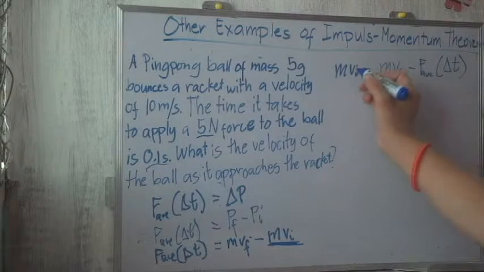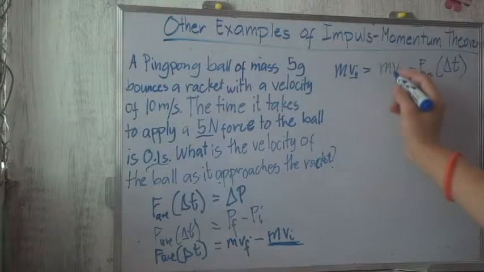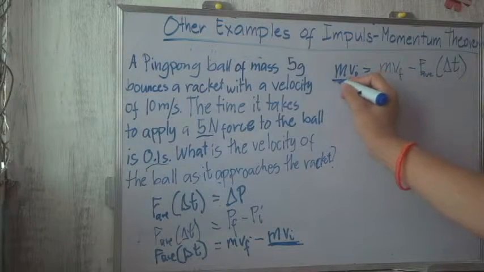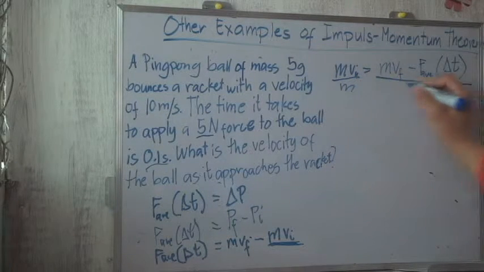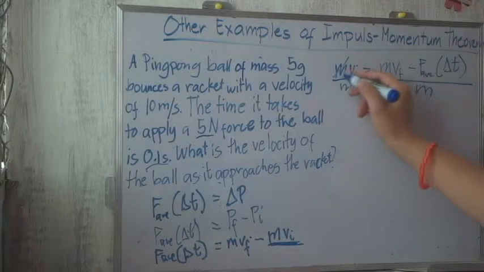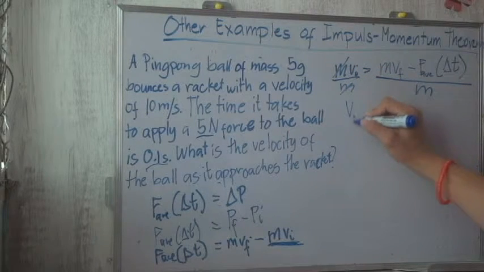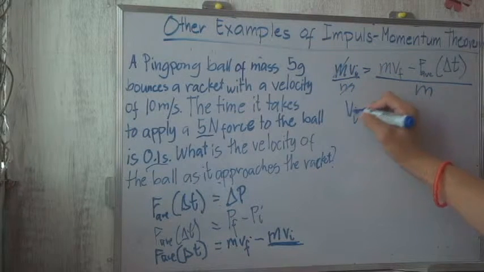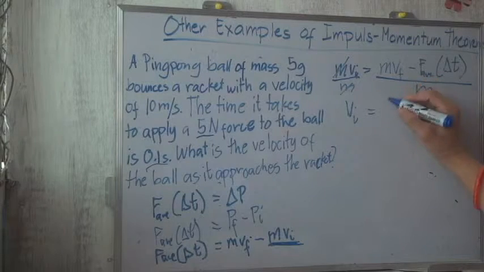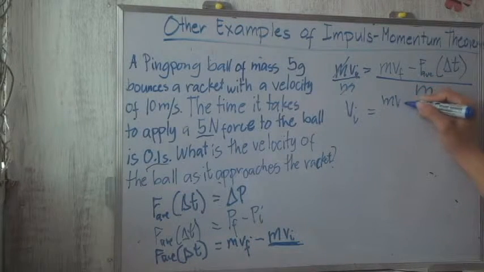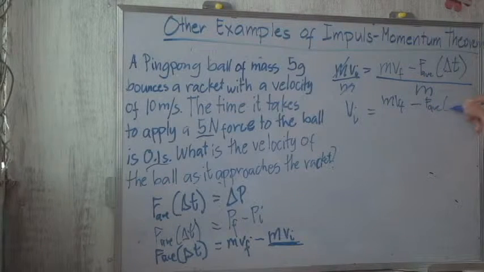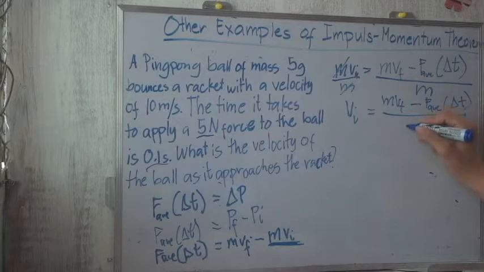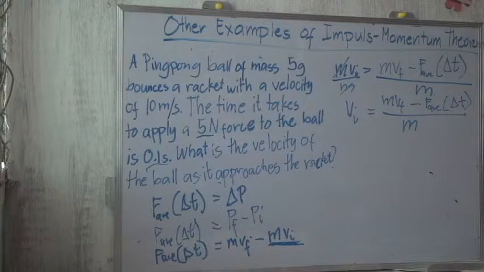So, aron makuha na itong initial velocity, i-divide natin ng duha ka side sa mass. Makancel ang mass. Makuha na nato karon ang velocity initial. So, itong velocity initial karon is equal na sa mass times velocity final minus force average multiply sa change in time all over sa mass sa atong ping-pong ball.